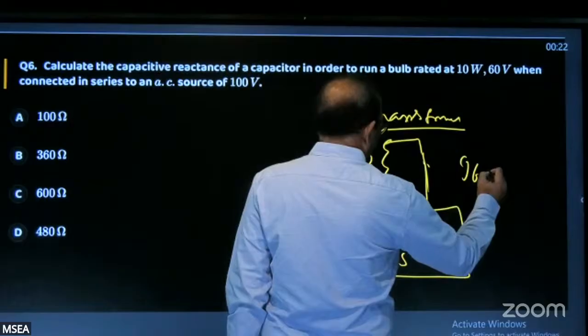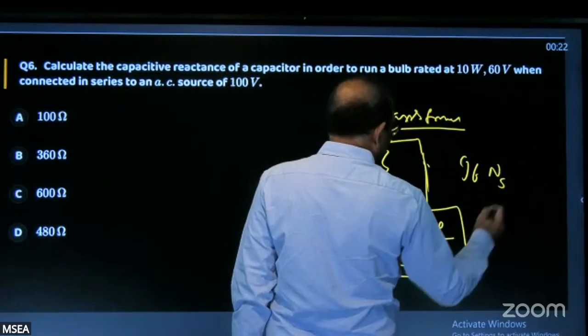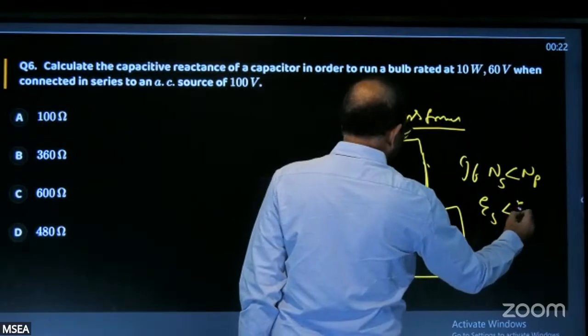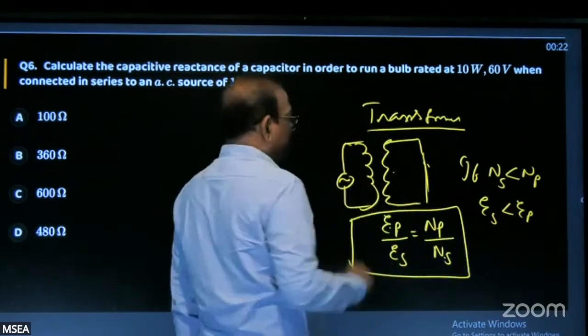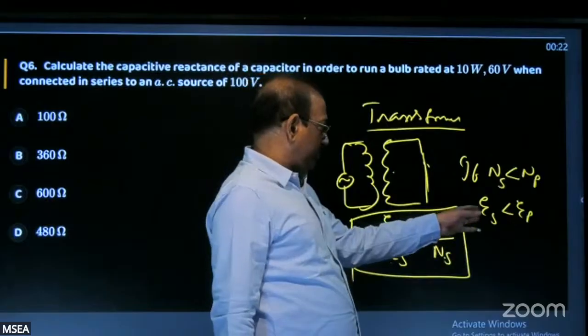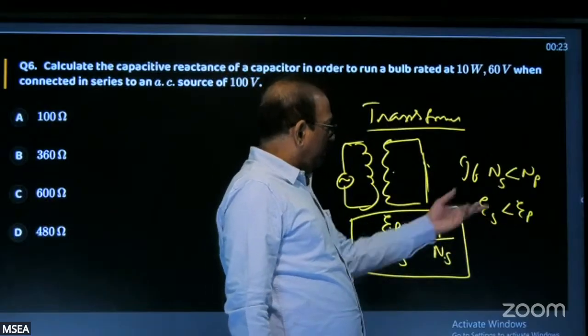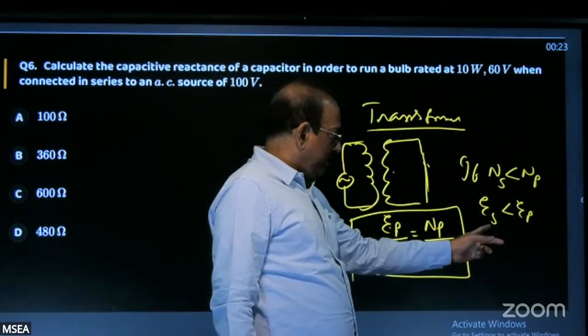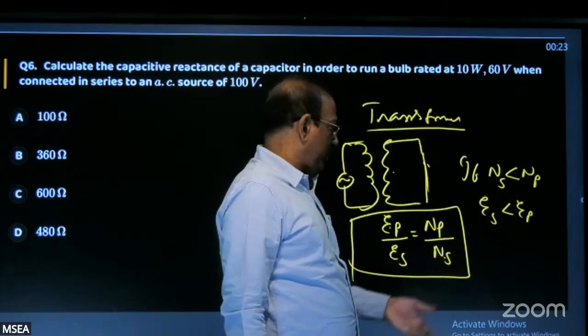Or the reverse, I am writing. If NS is less than NP, then ES will be less than EP. Secondary coil voltage will be less than primary. That is a step down transformer. Reverse condition, if NS is greater than NP, ES is greater than EP. That is a step up transformer.